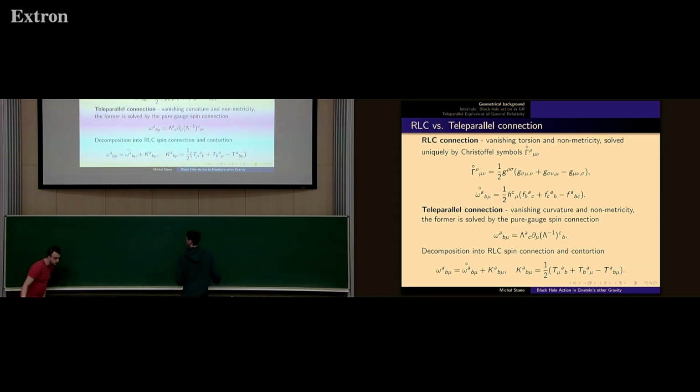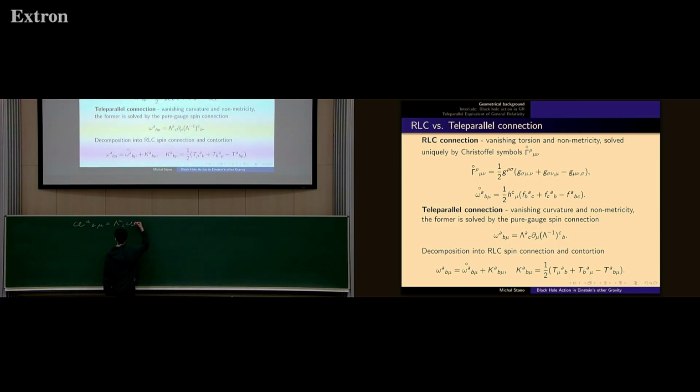Okay, so let me just write down some expressions. The usual transformation law for the spin connection, as I've said, features this homogeneous term. In the case of non-coordinate bases, we transform the frames by local Lorentz transformations.